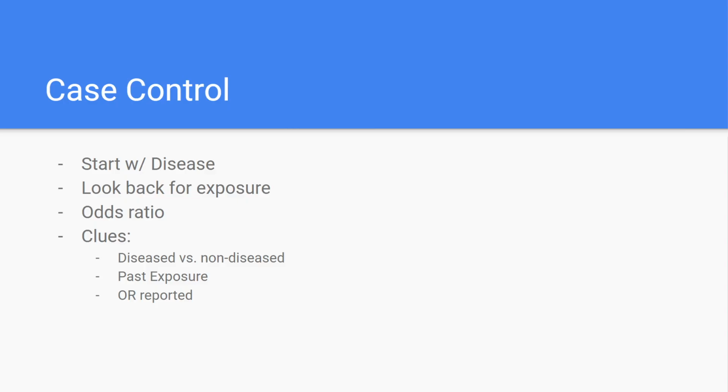Case control studies are useful for rare diseases, but the biases they usually have are recall and selection bias. Just look to see if they have the disease already, and then you've already eliminated a lot of the other ones. Start with the disease. That's the most important part.